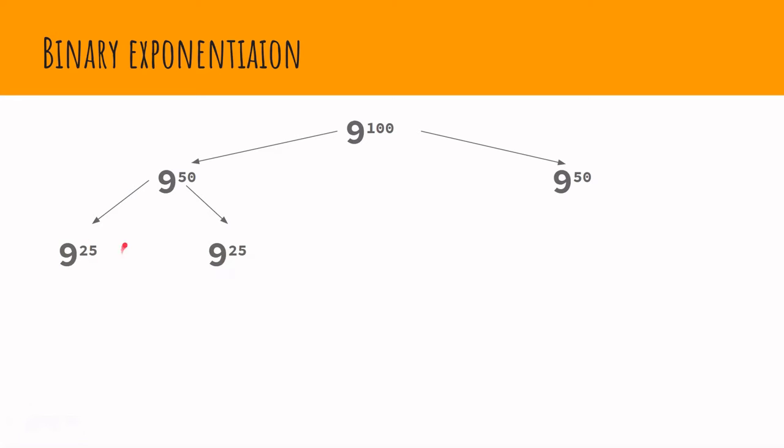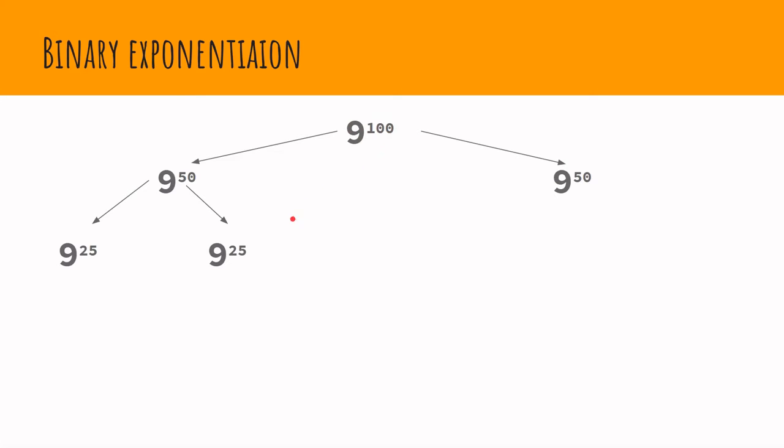So I will require 26 multiplication operations to get 9 to the power 50, and again one multiplication operation to multiply it by itself to get 9 to the power 100. So in total I am doing 27 multiplication operations. As you can see, the number of multiplication operations is now reduced to 27.